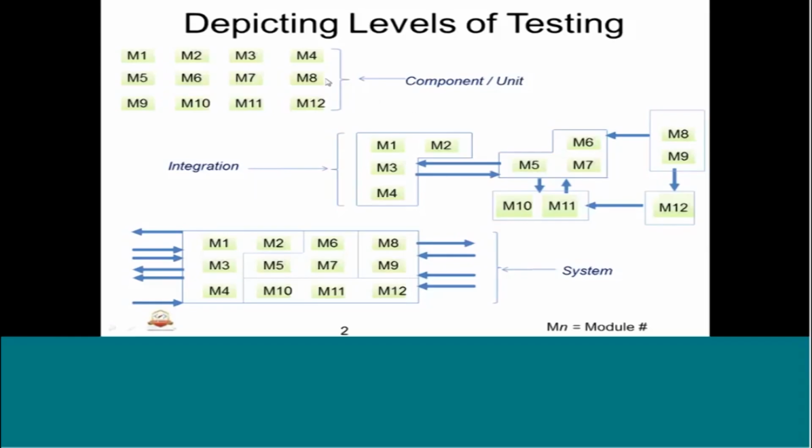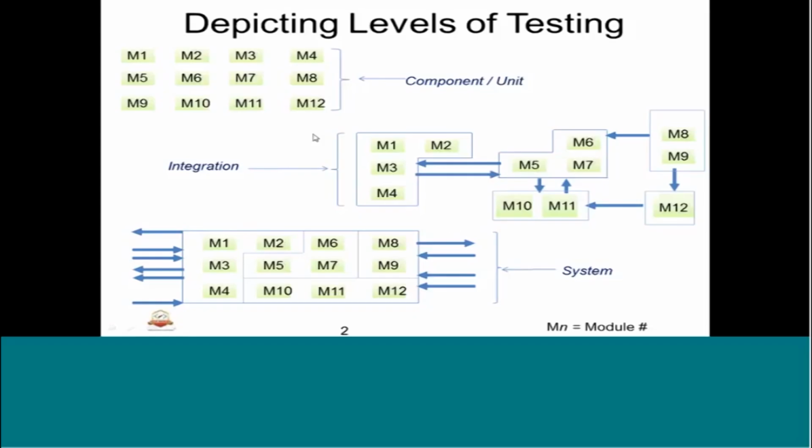I'll repeat. In component or unit level testing, individual components or units are tested separately. In integration, we combine several blocks or components together to test on the software level, software to software or software to hardware. In system testing, all blocks should be up and running on the target, and that target is provided with several inputs, and the expected results are compared against the output values.